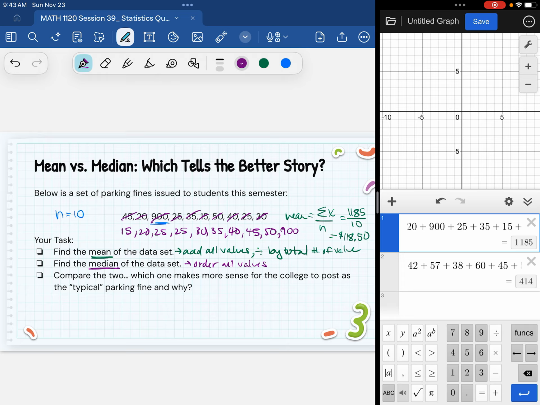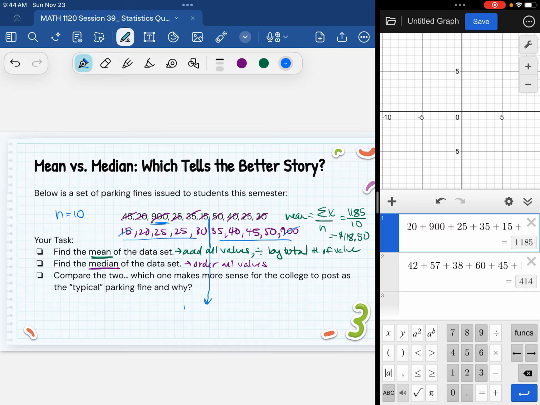Okay. The middle number, probably what a lot of you have done in the past when you've done median, is cross off each end. Please feel free to continue doing that. Since it's 10, I know that 5 values from each end splits the data set. So I see 5 and I see 5. So I know my middle value is going to be right there.